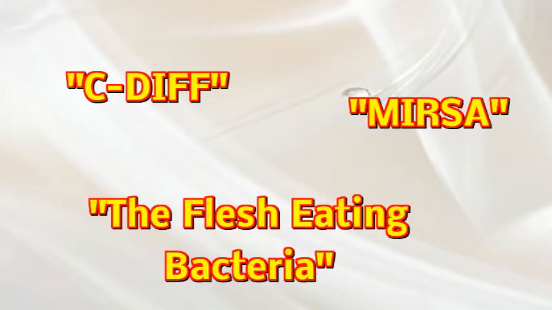You may have heard of some of the more prevalent types of hospital-acquired infections by name. They include methicillin-resistant staphylococcus, also called MRSA, Clostridium difficile, also called C. diff, and necrotizing fasciitis, also called flesh-eating bacteria, and there are several others.